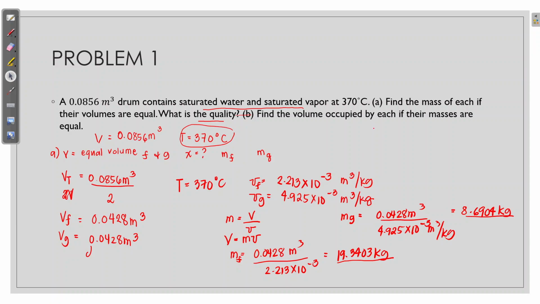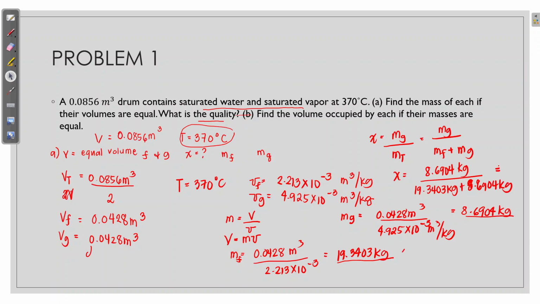Ngayon, para makuha natin yung quality, x ay equivalent sa mass ng gas over total mass. So, meron na tayong mf saka mg. So, ito yung mg over mf plus mg. So, ang x natin ay equivalent sa 8.6904 kilogram over 19.3403 kilogram plus 8.6904 kilogram.